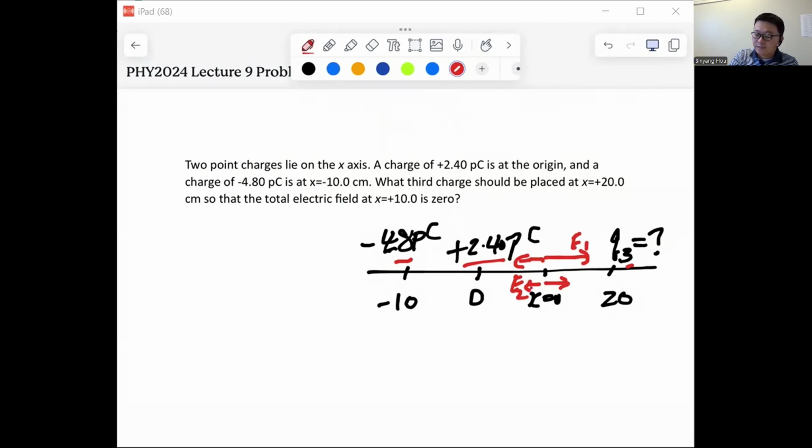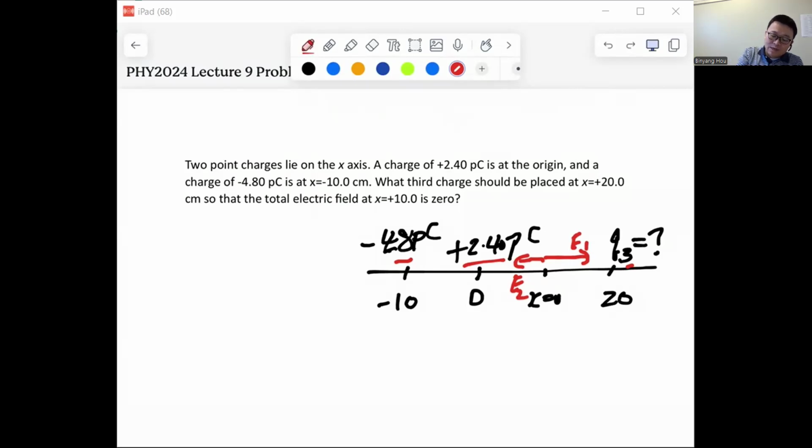If Q3 is negative, then it's going to be in this direction. We don't know yet right now, so let's erase those for now. We'll have to compare our E1 and E2, see the magnitudes because they are pointing in opposite directions, and see which one has a bigger magnitude. Although I drew E1 longer because I knew it, we will see.